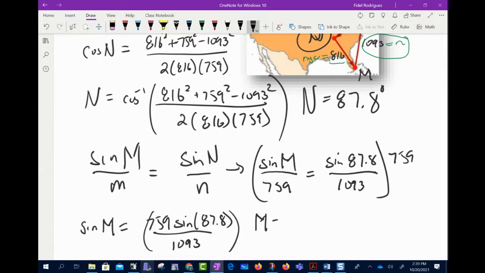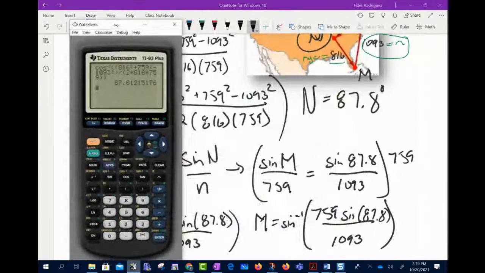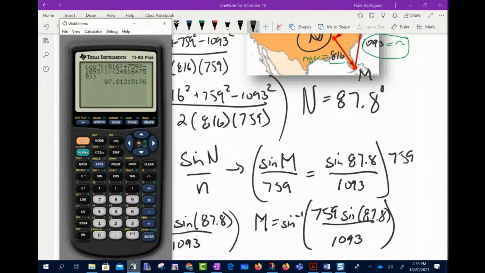And so my angle M is going to be the sine inverse of all this fun stuff right here. So let me move this over here, and I'm going to clear my screen and type in exactly what I wrote down.